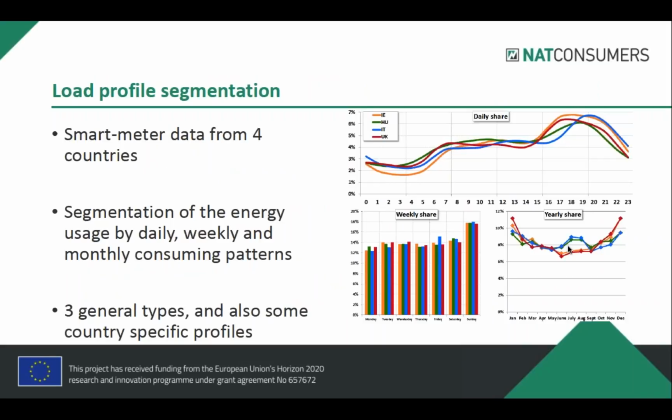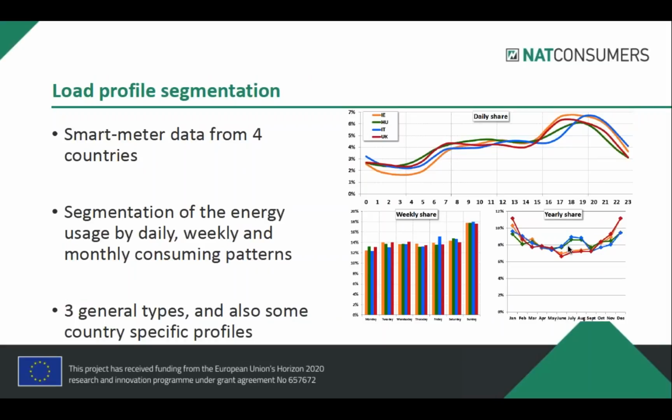We had smart meter data from 4 countries. These countries are Ireland, Hungary, Italy, and the UK, and we also worked with Danish data, so from 5 countries. But in this presentation, I will show you only 4 countries. And we made a segmentation of the energy usage by daily, weekly, and monthly consumption patterns.